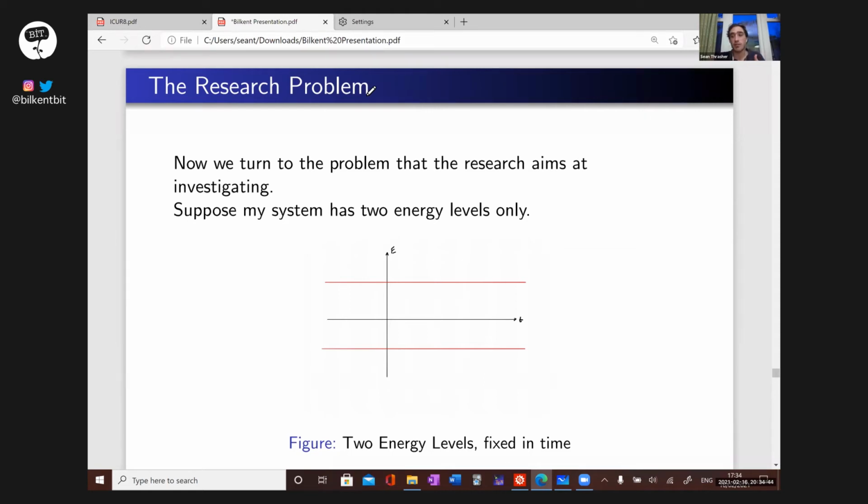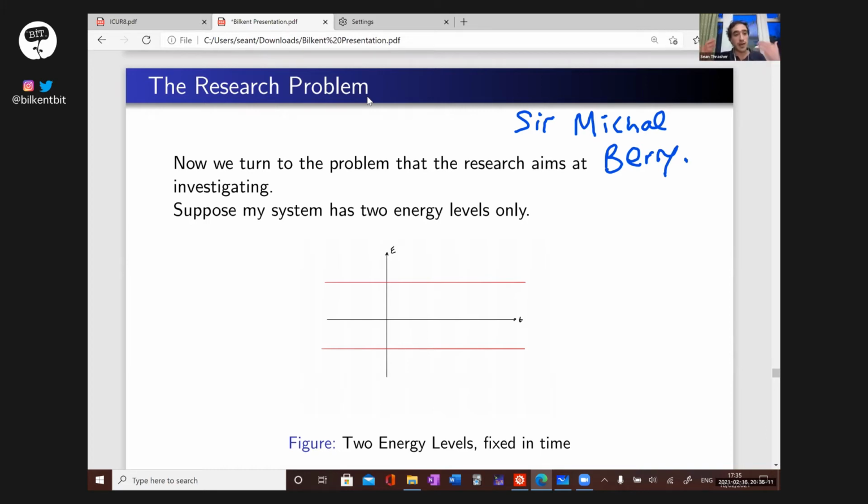A big breakthrough came in the 90s with someone called Sir Michael Berry, who published a paper about this problem, and then there were more attempts at it. I'm going to briefly walk you through what the problem is and a few ways to think about it.